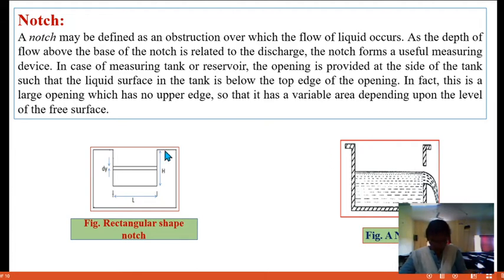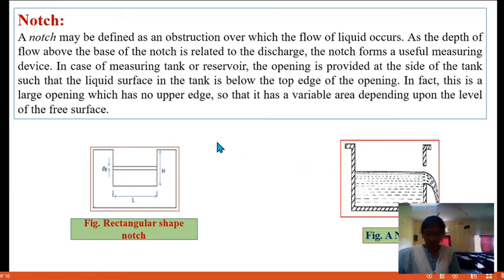So let's go into the different types of notches according to their shape. See the figure, the basic shape, that is the rectangular shape. Let's see the diagram. This is the basic rectangular shape.